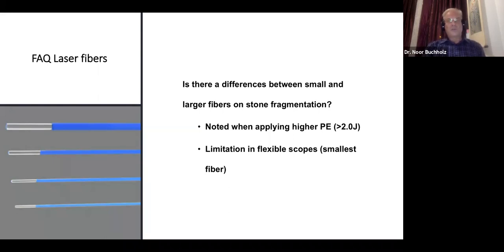But of course, if you work with a flexible scope, you're limited to the thinner laser fibers, so you wouldn't reach these high energies. But certainly people who have used 600 micron or 800 micron fibers for a bladder stone, through a cystoscope or through a nephroscope, will vouch for it that the energy can be ramped up and be more efficient for these kind of big stones.